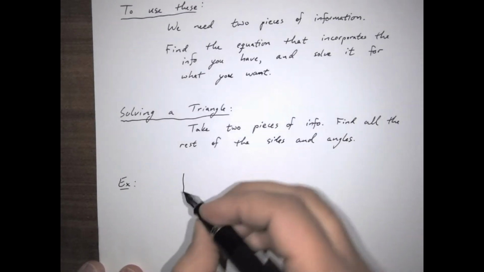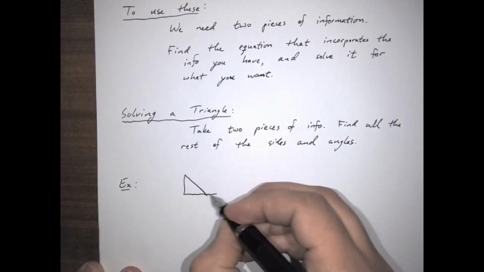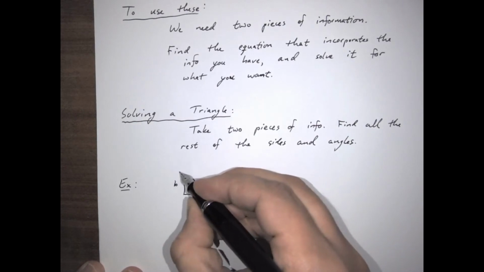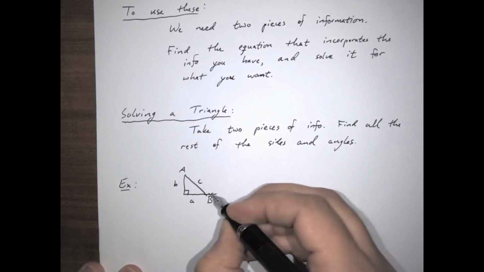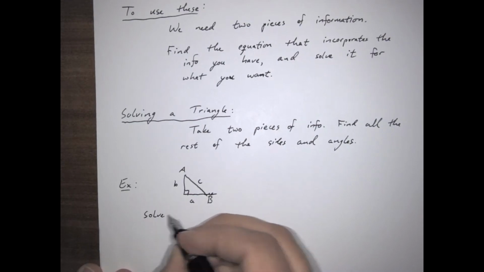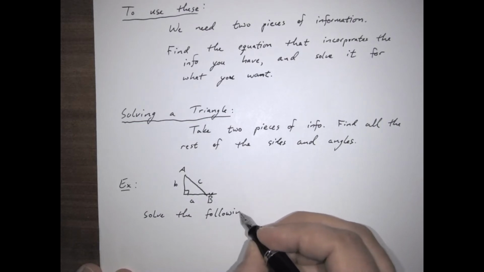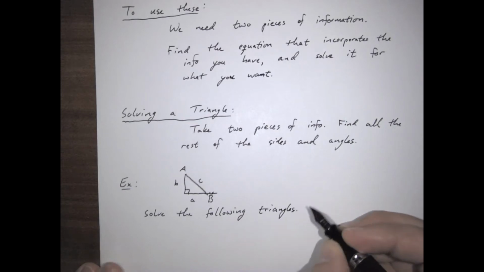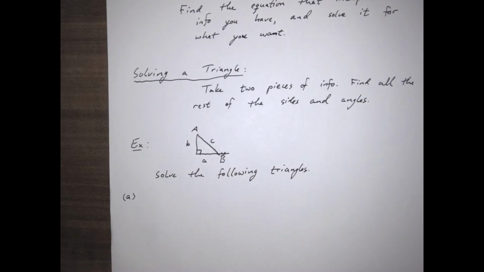For all of these, we're just going to have as our basic layout the usual triangle here, with A, B, and C. Then for each example, we'll just have different combinations of the data already given to us.